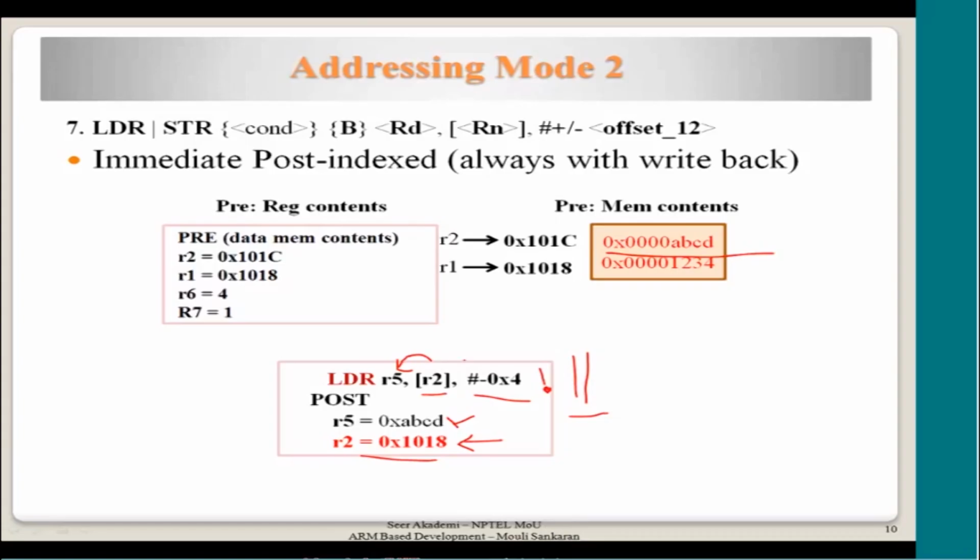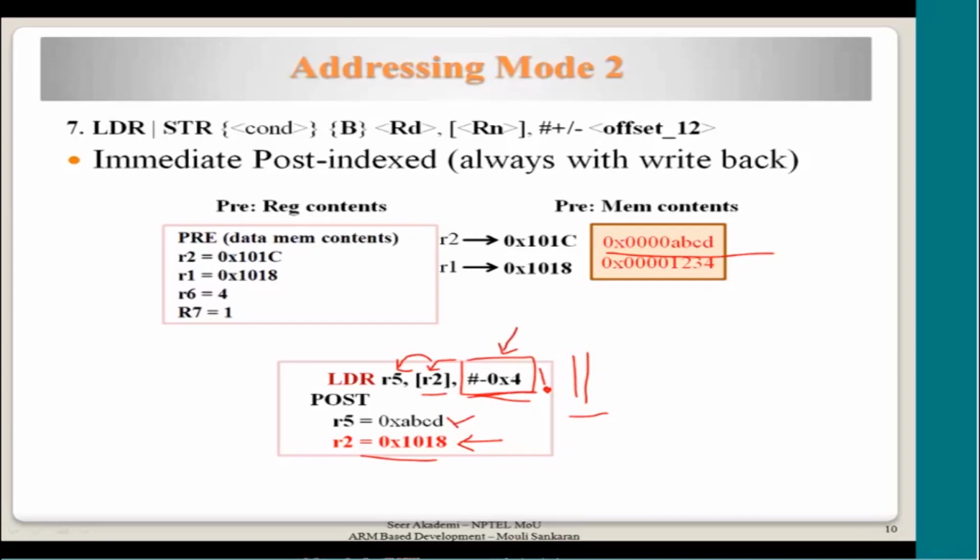See, as an assembly programmer or as a compiler, I have put something here, doing some subtract 4 or shift left, some operation. I won't be doing this if I am not interested in changing this register, right? If I am not interested in changing it, I could have just mentioned LDR R5, [R2], no need of mentioning anything, or I could have just said #0.